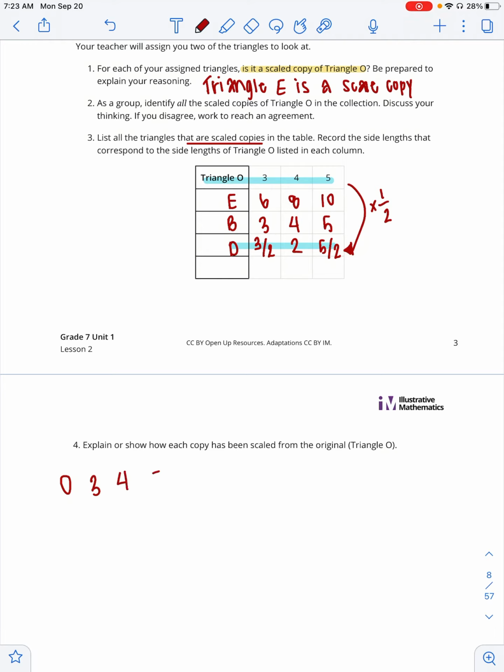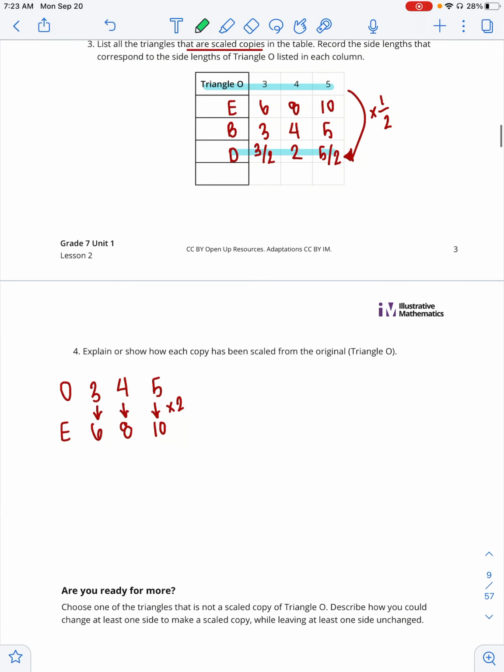Or we have triangle, I should say, and copy E. These side lengths same thing that I just did for O, show the side lengths and what I multiplied by for triangles B drawing this exact same scale diagram that I just did on the screen.